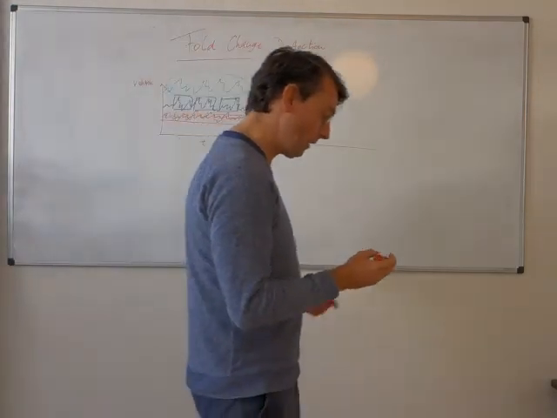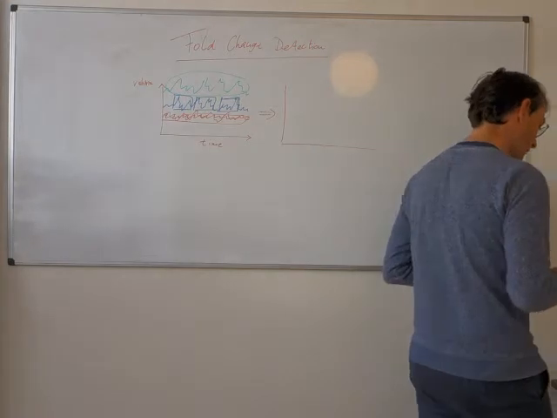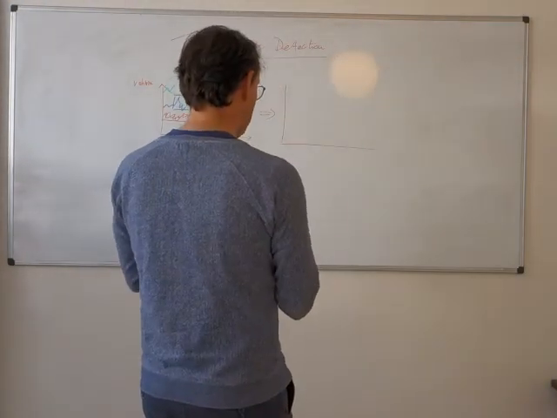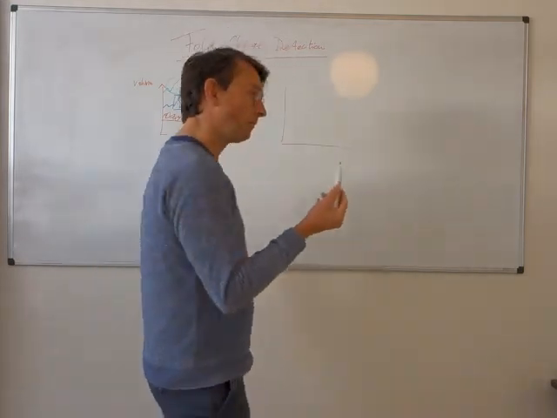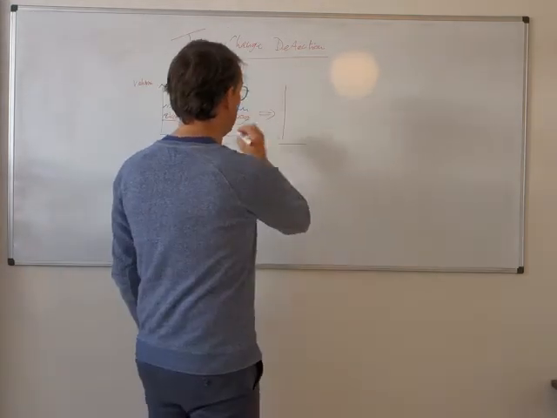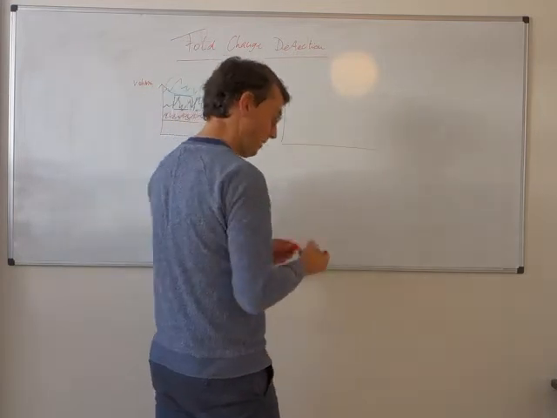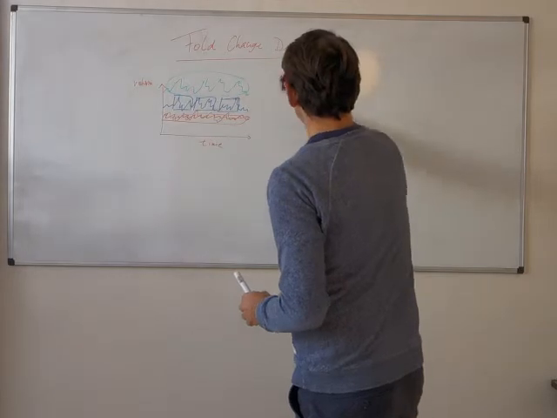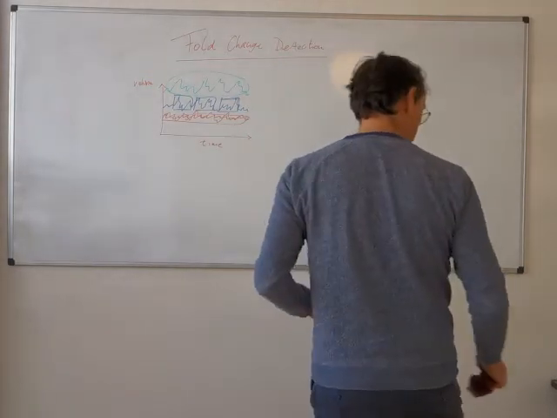So if we can do this type of baseline correction, what does that mean? Well, that means the following. Let me now take the example of a biological network.